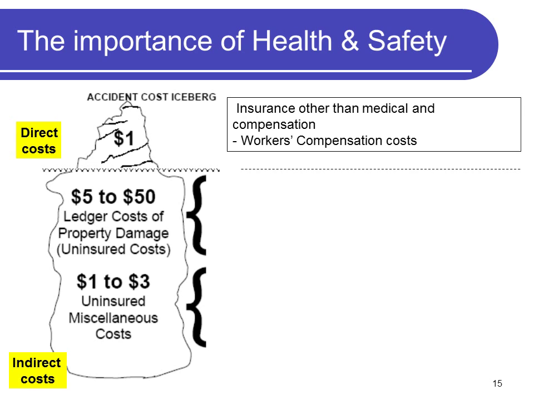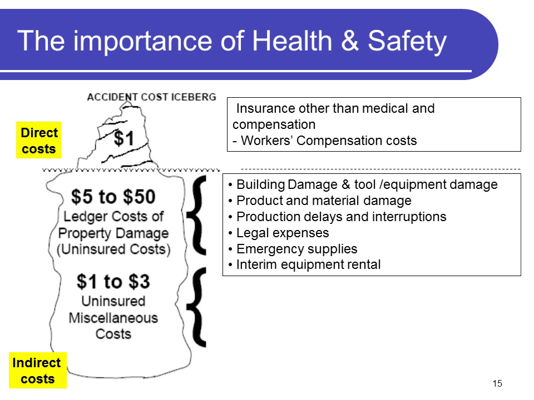The first ones, the direct costs, are insurance and other medical compensations that are covered by the workers' compensation system through the monthly premiums that the company pays. But then you have some indirect costs that not too many insurance companies cover. For example, if you have building damage or damage to tools or equipment, not everything is covered by insurance.